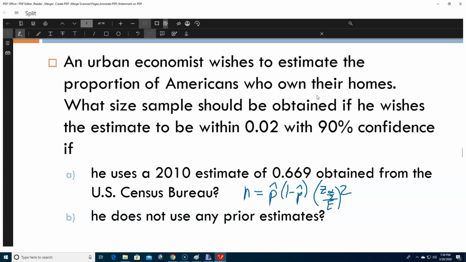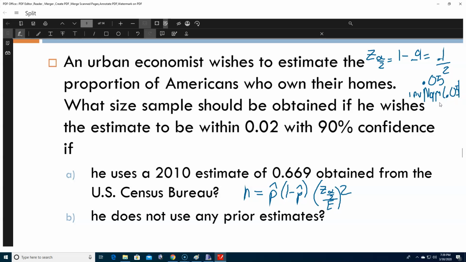So let's figure out the z half alpha. We're going to do 1 minus 0.9, that gives us 0.1. We're going to divide 0.1 by 2, so that gives us 0.05. And now we're going to do the inverse norm of that number to figure out what is our z-score.